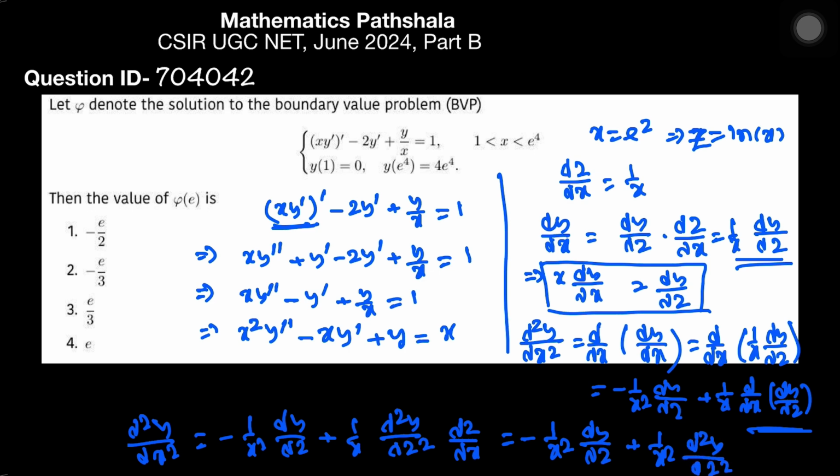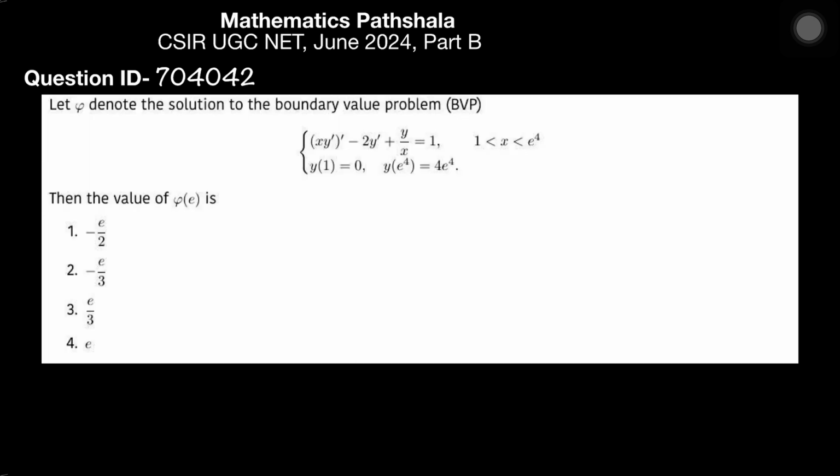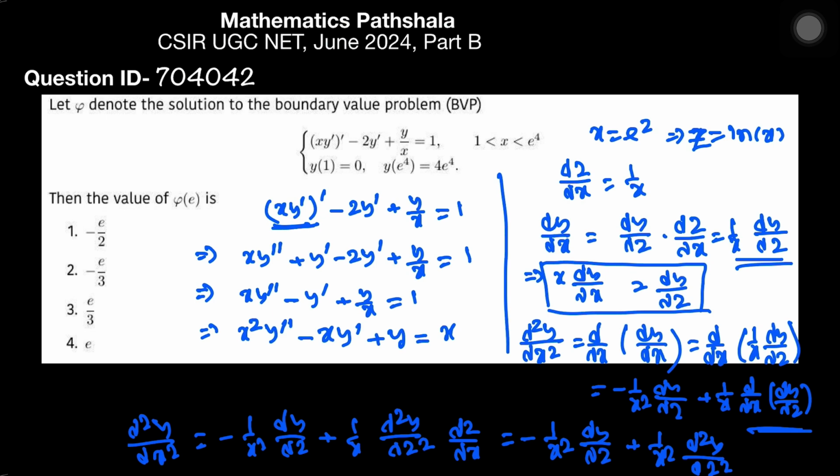Okay, so basically we get d²y/dx² = (1/x²)(d²y/dz² - dy/dz). Yes, if I take 1/x² common, we get d²y/dz² - dy/dz.